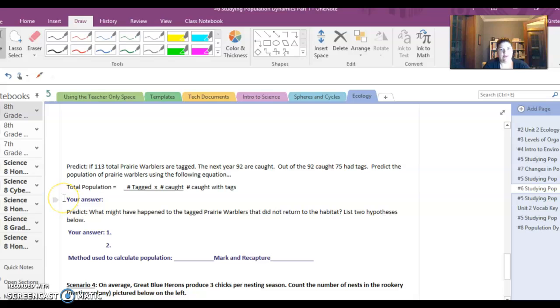Then I have to figure out the number or the estimate of prairie warblers in the population. So to do that, I'm going to use the equation here. So it's going to be the number that were tagged. So there were 113 that were originally tagged.